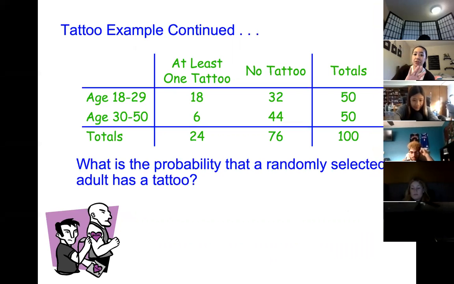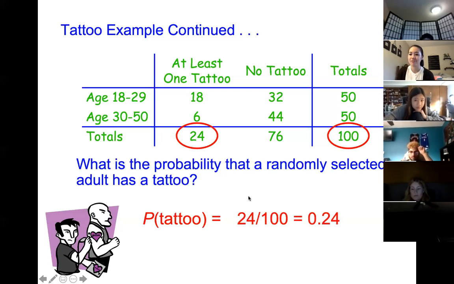Okay, so 18 and 6 are people with at least one tattoo. So how many people total have a tattoo? 24. And how many people are there, period, in the survey? 100. So what's your probability? 0.24 or 24%. There you go. They didn't really specify what age group they were looking at, so we're looking at the totals. So 24 out of 100. Perfect.